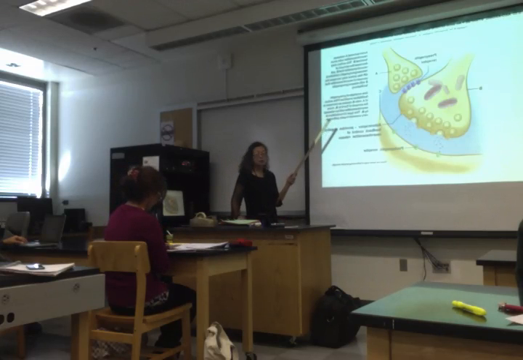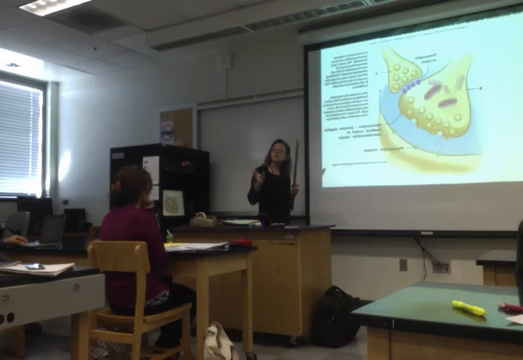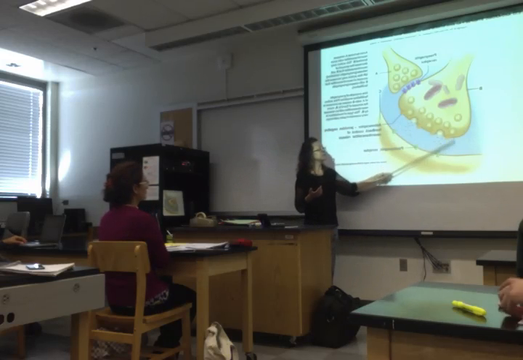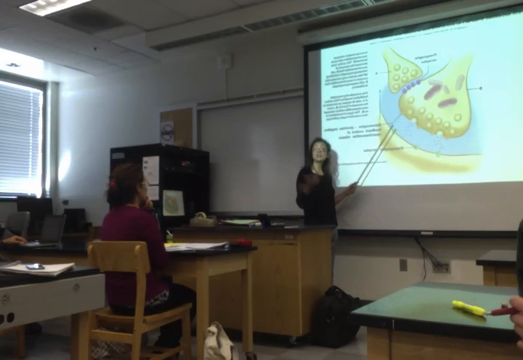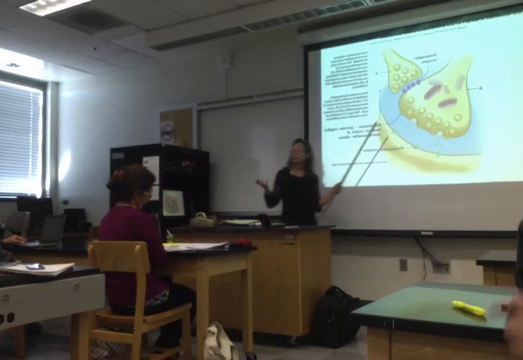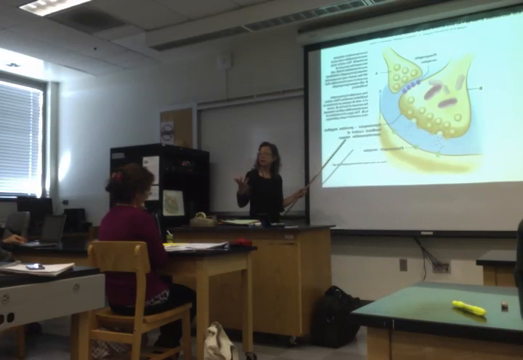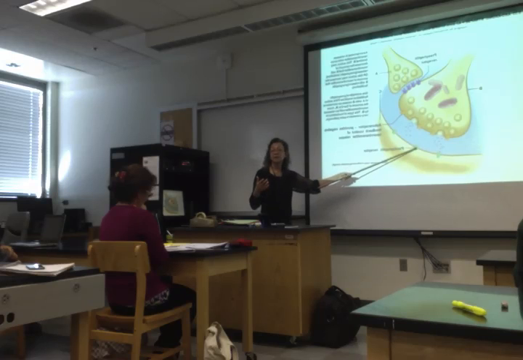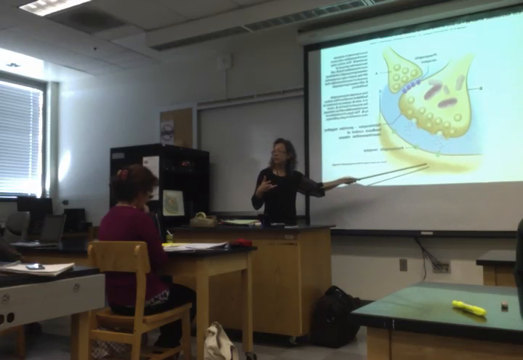Let's talk very briefly about ways that you could possibly control what happens at the synapse, which we know is basically that we trigger neurotransmitter release, and we get that neurotransmitter to bind on these ligand-gated ion channels on the postsynaptic membrane.